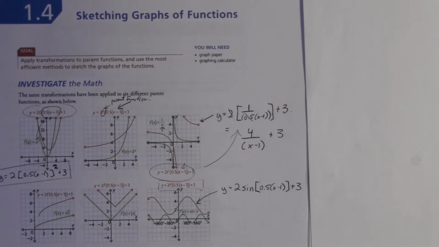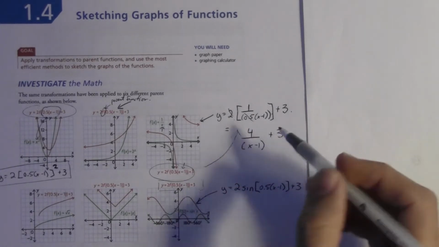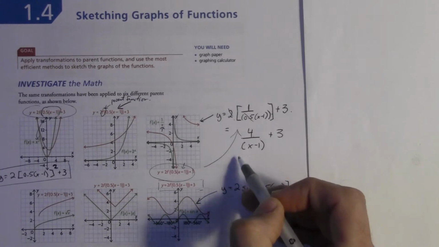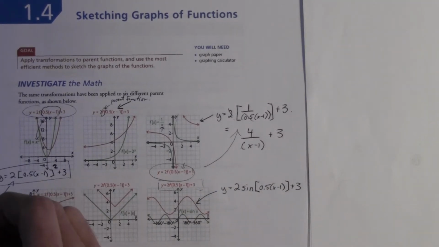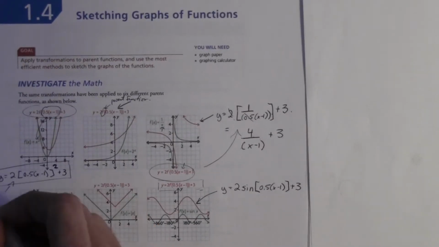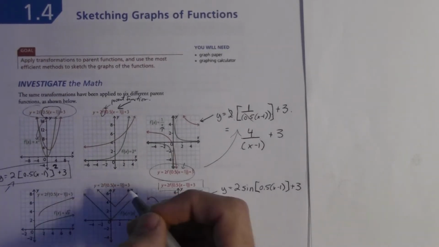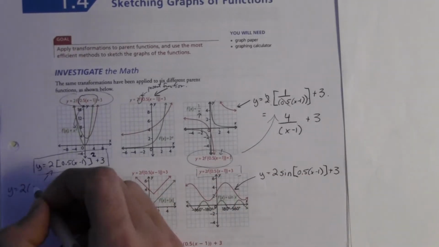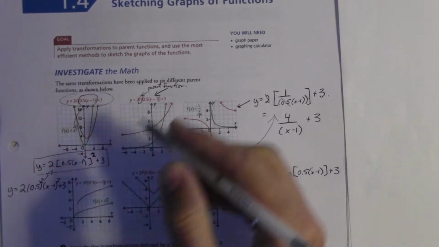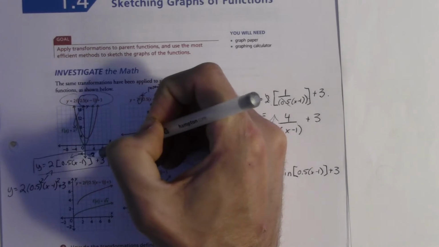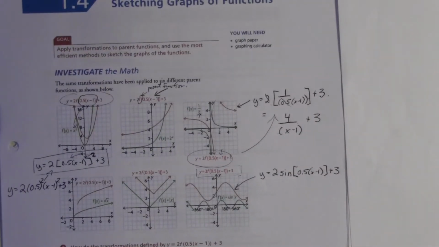So is there still a horizontal stretch or no? For this one, no, because there's no longer a k value in front of x. For this one, you could make it easier by saying this is 2 times, and I'm applying the square both to the half and to the x minus 1.